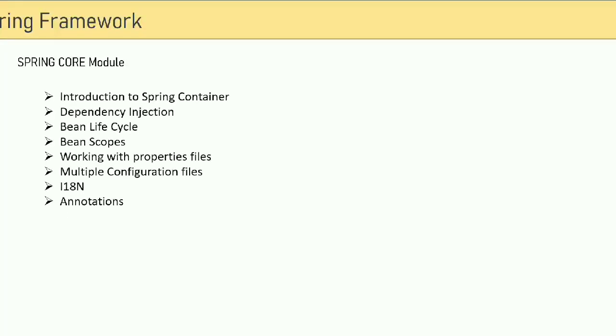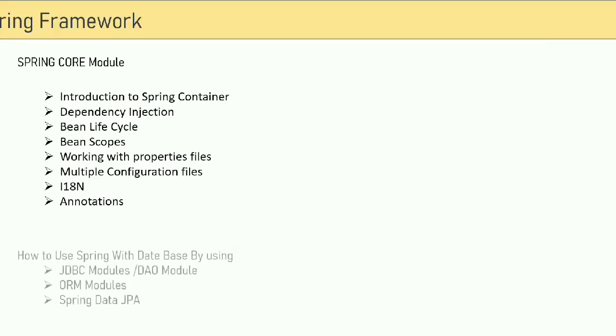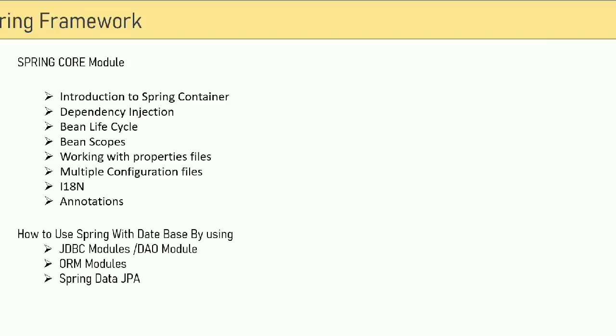Then after the core module, we have another thing: the ORM, JDBC module, and the Spring Data JPA module. In the JDBC module, we can talk about JDBC templates, where we can see how Spring has provided us lots of new things, like its own API.